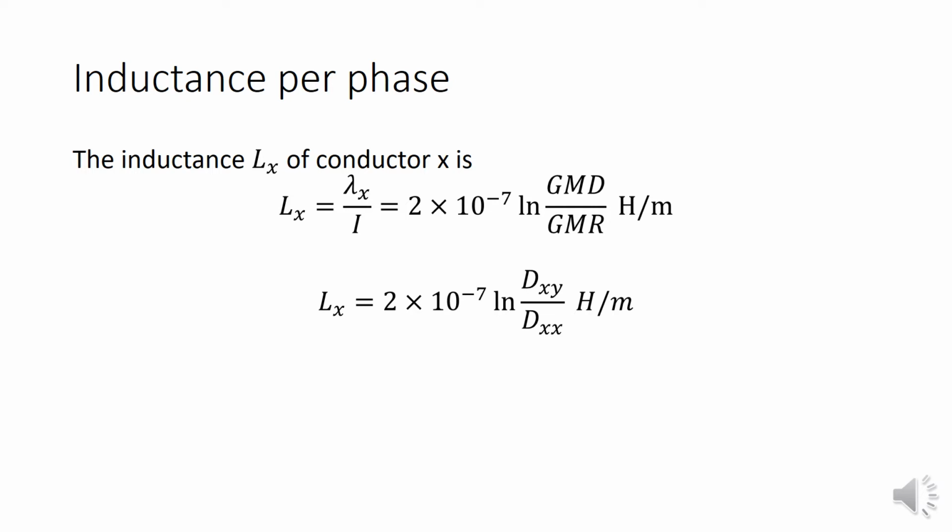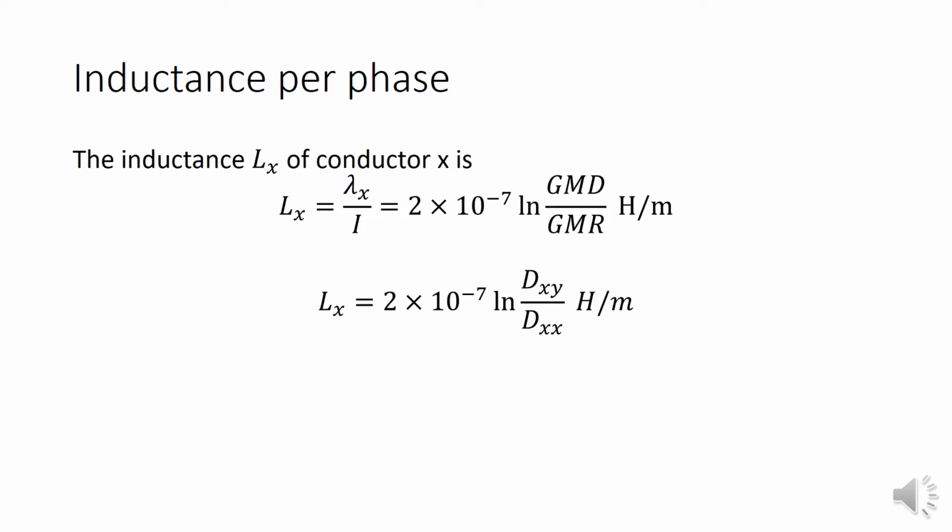Then we'll move on to the most important parameter of the transmission line, that is the inductance. When we are calculating inductance and any other properties in transmission lines, since there's the length factor, we are not representing the parameters just as, let's say, inductance in Henry, it will be in Henry per meter.